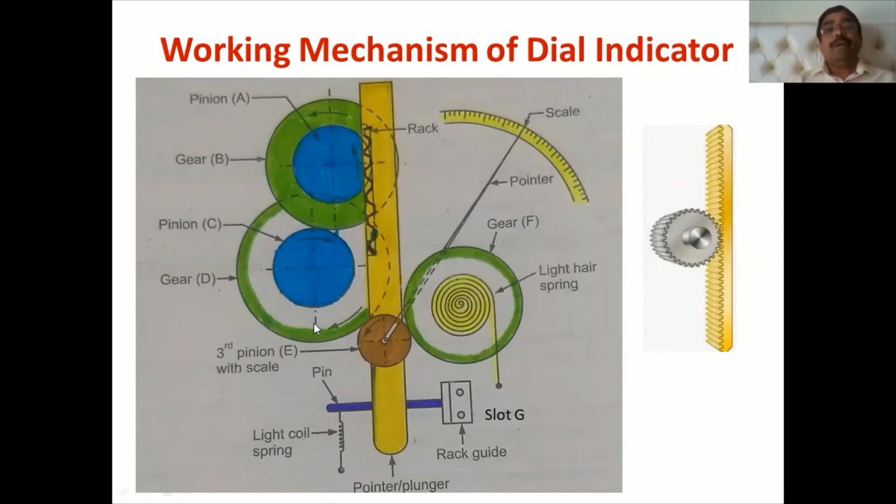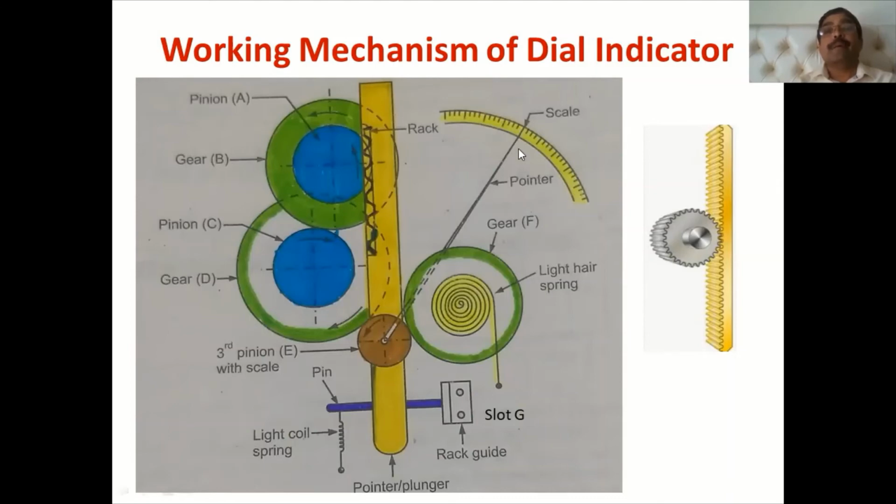Next, what happens here when there is a linear movement of this plunger, meaning the plunger moves up and down? It magnifies by its gear train, meaning the linear movement of this plunger is magnified by the gear train, and it is transmitted to the pointer. Can you see here?